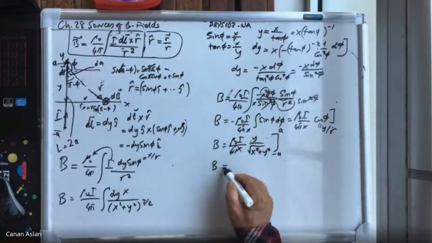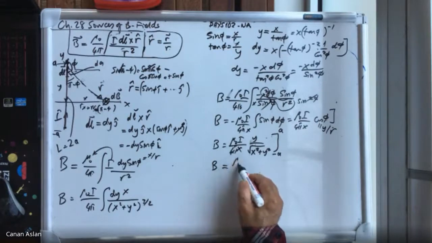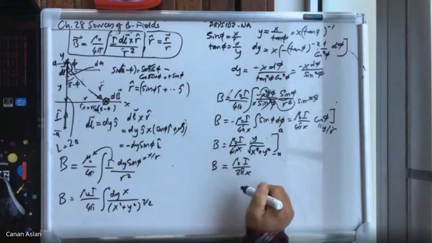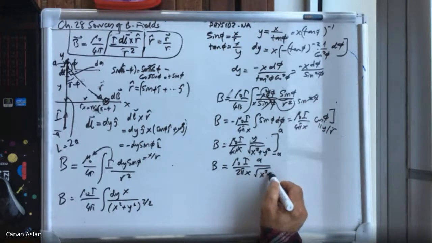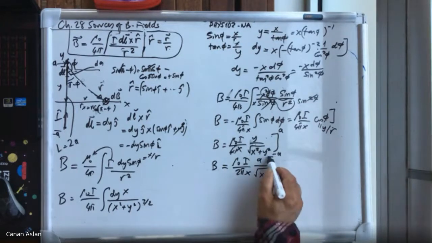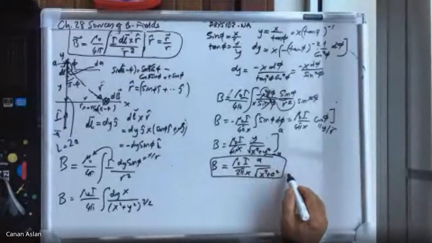So B will be given by just simply mu 0 I over 2 pi x. Why did 4 pi become 2 pi? Because there was 2a there, times a divided by square root of x squared plus a squared. So this is the magnetic field that is obtained due to the current carrying cable.